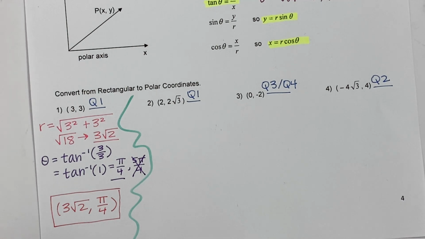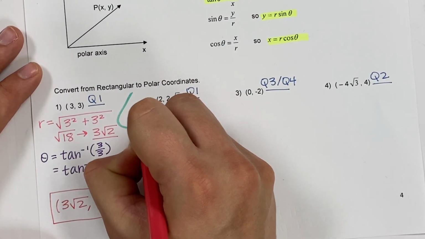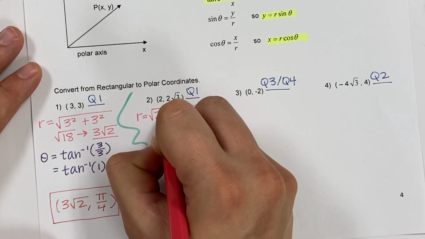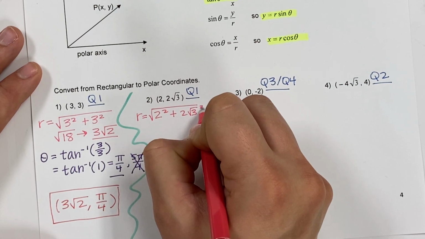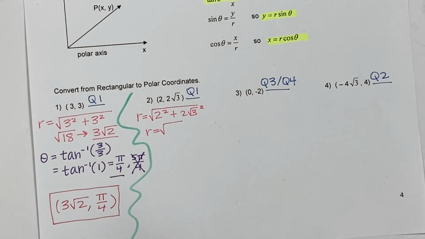Okay, the next one, let's do the same thing. Let's find the radius. So let's do r equals square root of 2 squared plus 2 root 3 squared. Okay, so you could type that in your calculator.